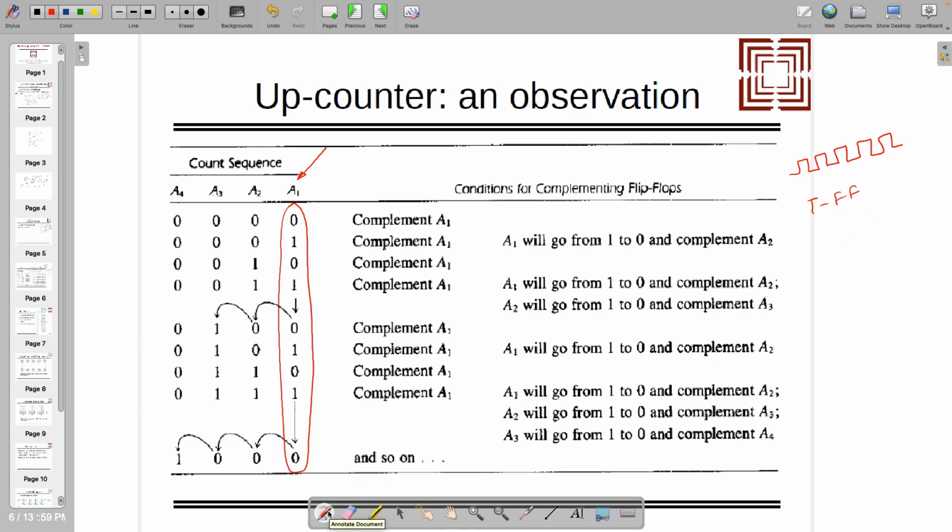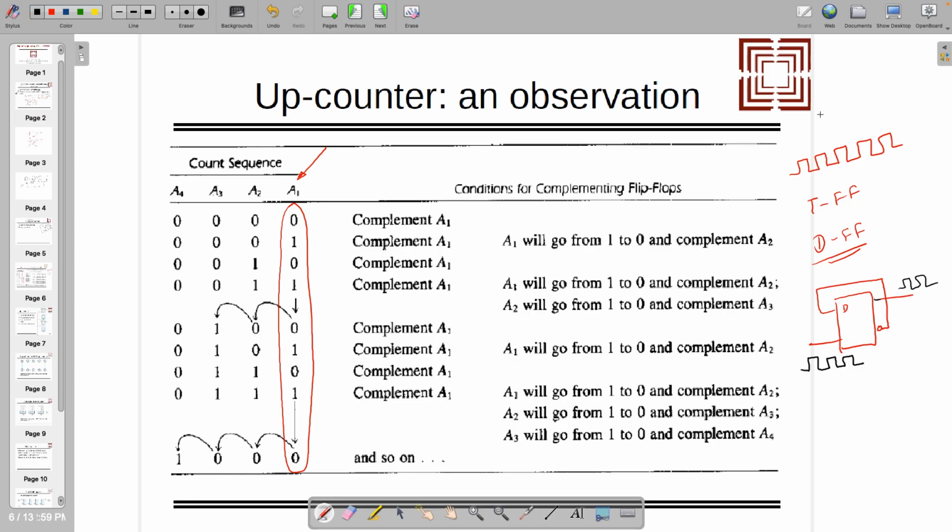T is easier, and to make the T flip-flop you use a D flip-flop, because D is the most popular one, and the technique is as follows. Every time there is a clock, the output is toggling with the clock. So this is one way.